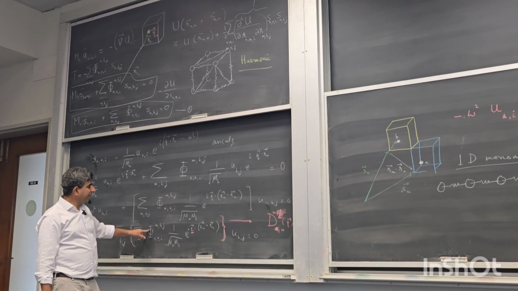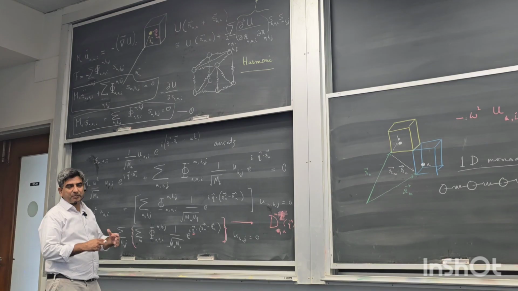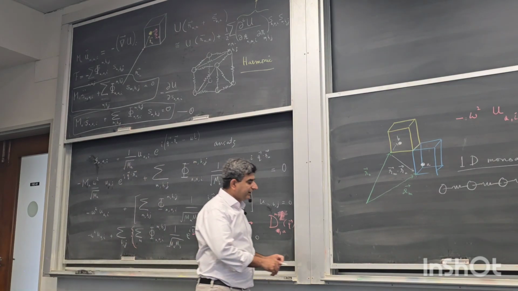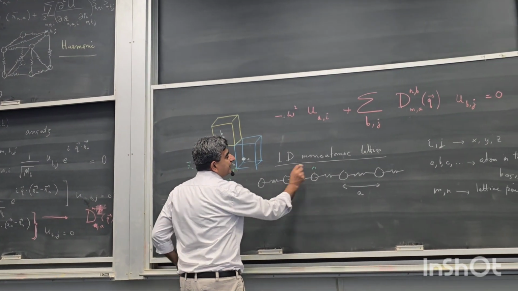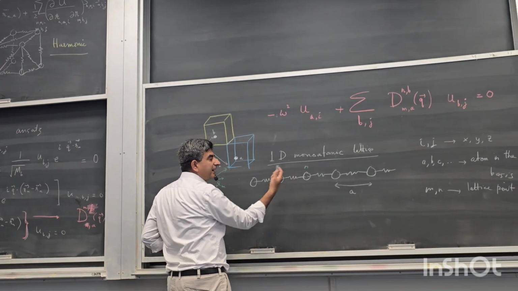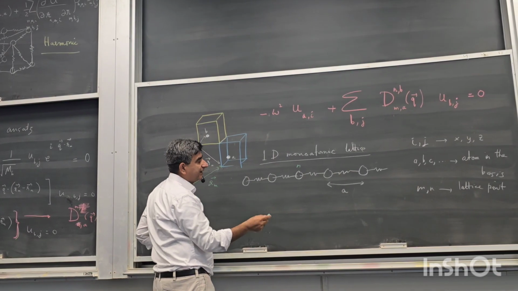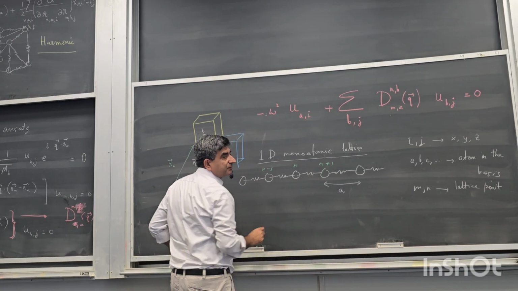Okay. Now the interaction between these atoms is some kind of spring constant, right? So in reality, the interaction between these two atoms, so this is unit cell N, one atom. I just label it as N. This belongs to unit cell N minus 1, this atom belongs to unit cell N plus 1.